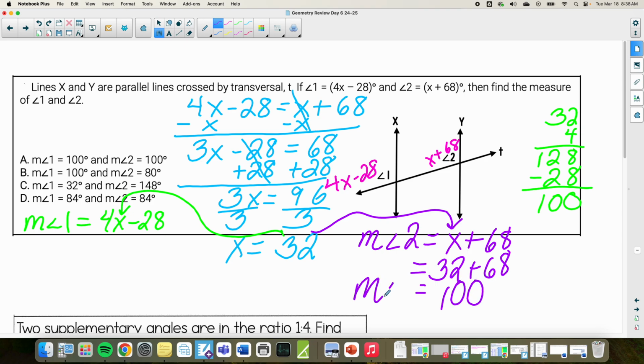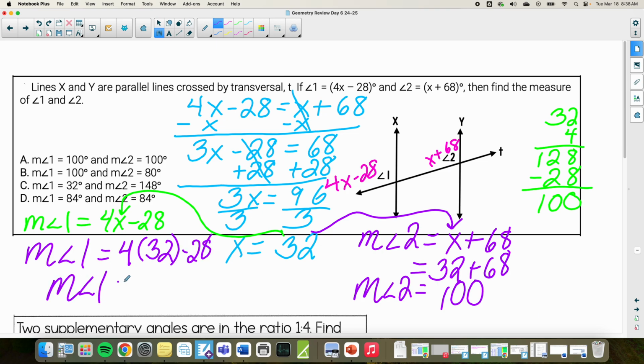So that's how we know what each of these is. So I'm gonna just write this out. 32, 4 times 32 minus 28, and measure of angle 1 is 100. So that is our answer.